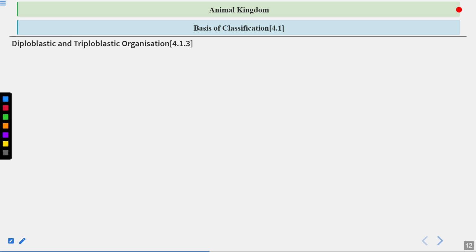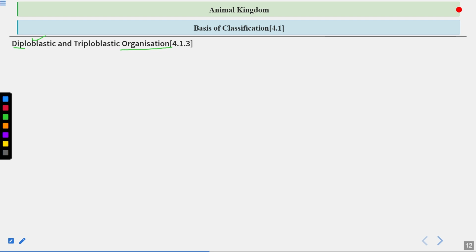Now, diploblastic and triploblastic organization. What is actually this diploblastic and triploblastic? When an embryo forms, I'm talking about the zygote that forms after fertilization, and the zygote divides and redivides and forms a number of cells.